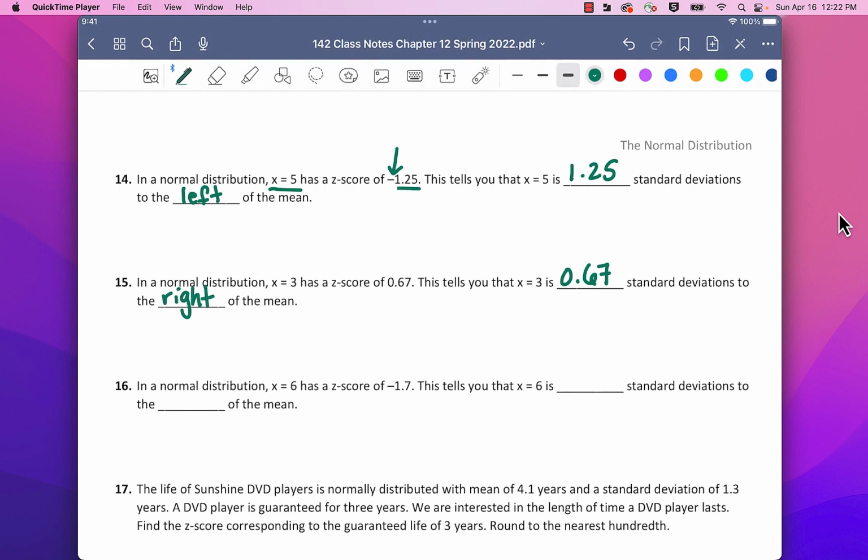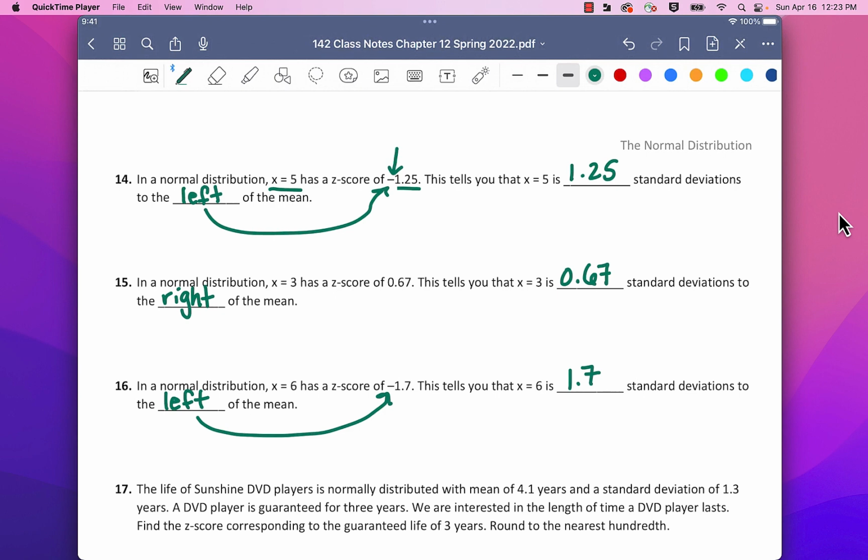Our positive z-scores are to the right: 1, 2, 3. Negative z-scores to the left: negative 1, negative 2, negative 3. Number 16. In a normal distribution, x equals 6 has a z-score of negative 1.7. So that means x equals 6 is 1.7 standard deviations to the left of the mean, looking at that negative sign right there. So same as up here, right?